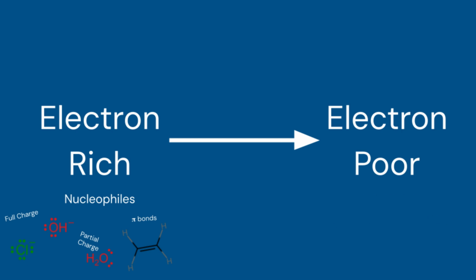Our electron-poor site is going to be an electrophile, which is the opposite of the nucleophile: where the nucleophile has a full or partial negative charge, the electrophile has a full or partial positive charge. This is because they lack electrons, while the nucleophiles have an abundance of electrons.